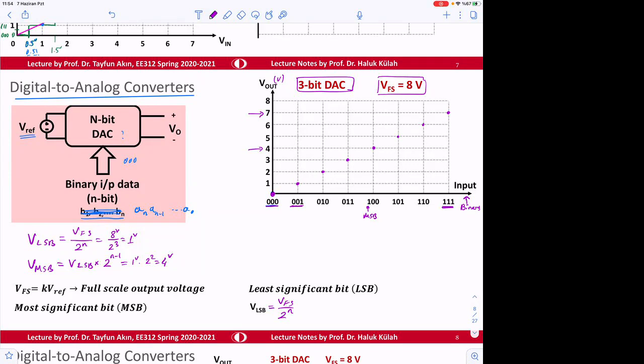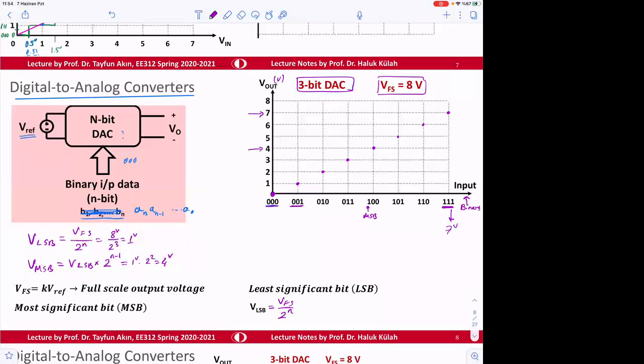At the output, the maximum output is going to be equal to 7 volts, not 8 volts. So 111 is the maximum we can write with 3 bits, and that will be corresponding to 7 volts, sorry.